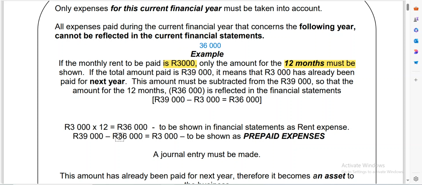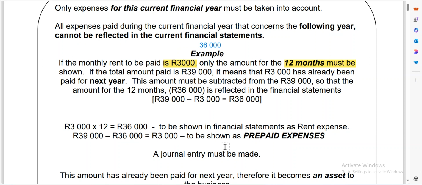In other words, our income statement would have to show that our rent expense is 36,000, and then the balance sheet and its notes would have prepaid expense as 3,000, because this 3,000 was paid in advance, and it will be recorded under trade and other receivables in the balance sheet as an item called prepaid expense. Why? Because it was paid before time.